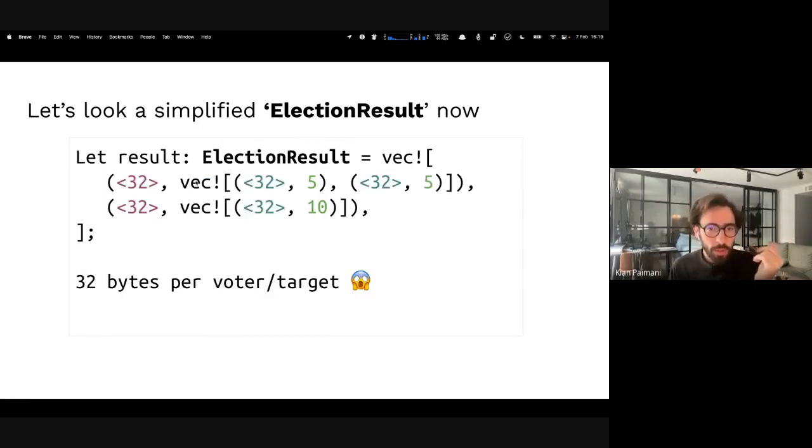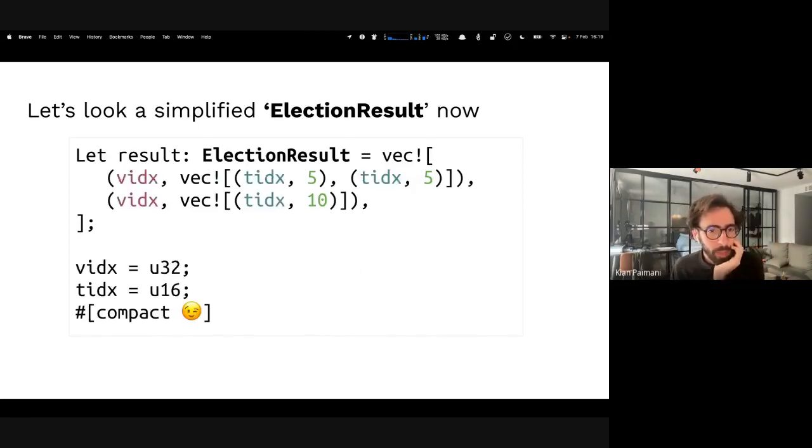First observation: each of these voters and targets, if it wants to be an account ID, is 32 bytes. It's quite big, not very good. And what we do is we replace them with a numeric index. And I will get into where the source of truth for that index is. So let's say there exists a nominator called Alice with some account ID.